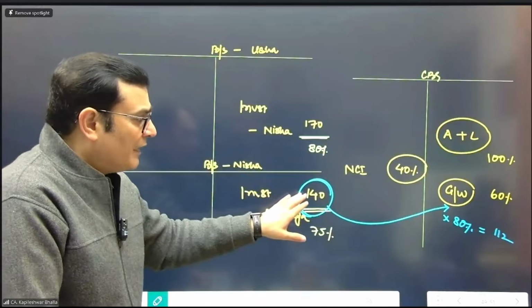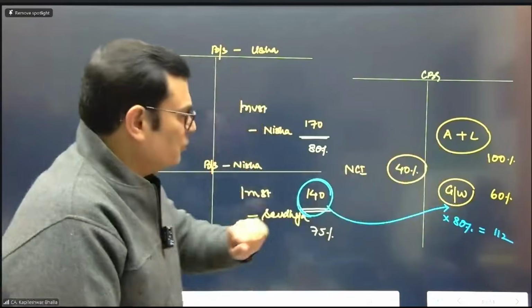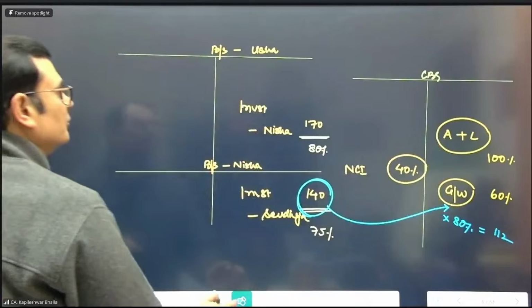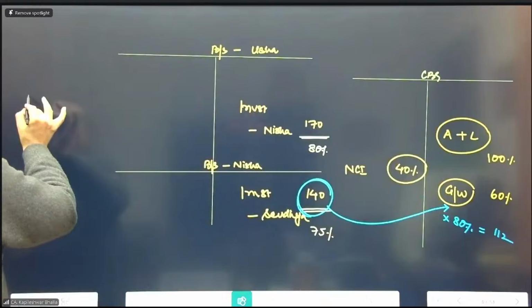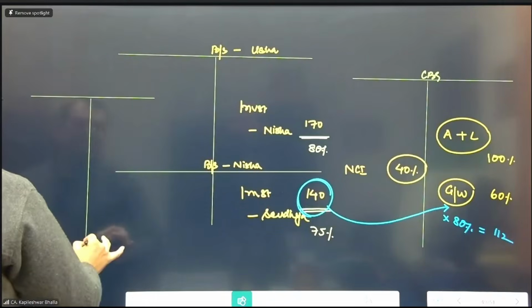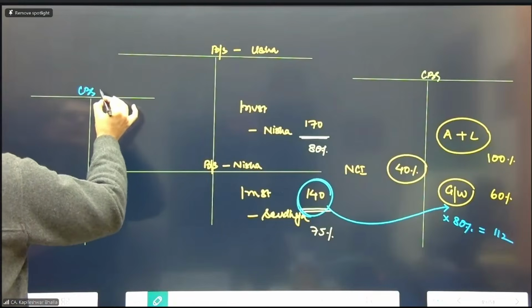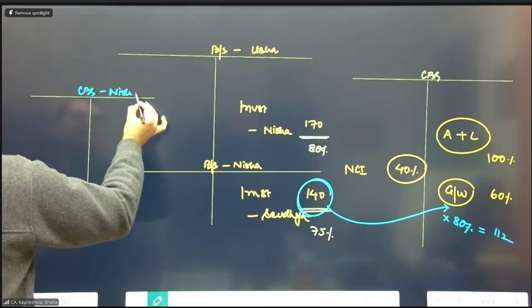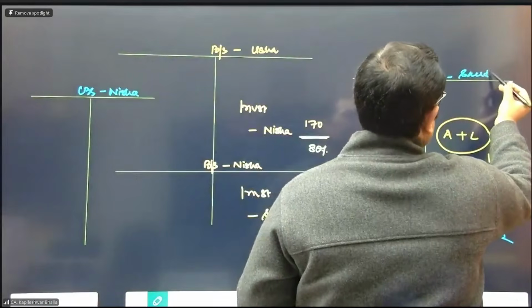You see, had you taken this entire 140 in the goodwill calculation, let's do one thing. This is the consolidation from the point of view of Sandhya. Let me also show something from the middle company Nisha's point of view. Let's also see Nisha's perspective and then compare it with Sandhya's perspective.